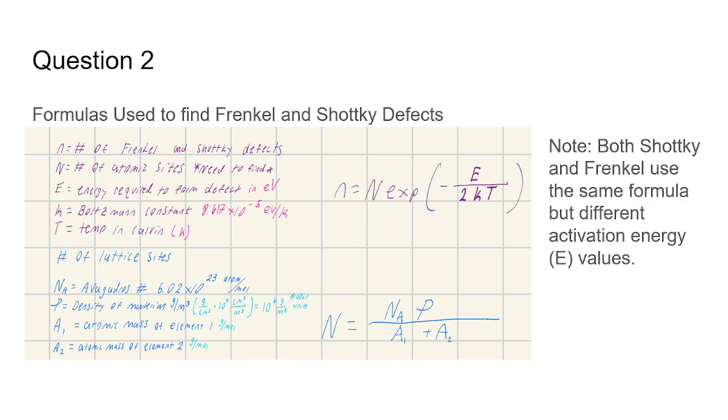For question number 2, we have two formulas to find the Frenkel and Schottky defects. The number of defects is represented by N equals the number of atomic sites times exponential of negative the energy required to form a defect in electron volts divided by 2 times Boltzmann's constant times temperature.